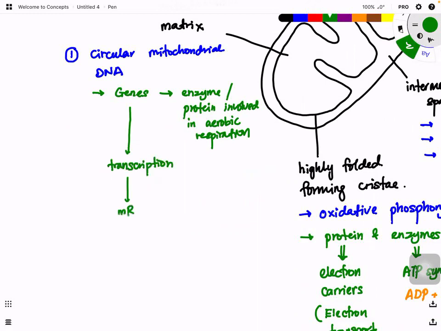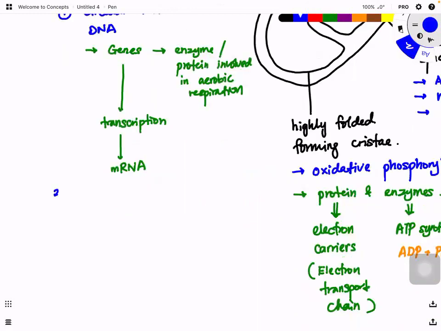This mRNA later, you can see that inside the matrix of the mitochondria there is also the 70S ribosome. So this 70S ribosome is going to translate the mRNA.